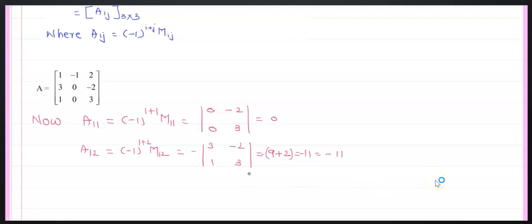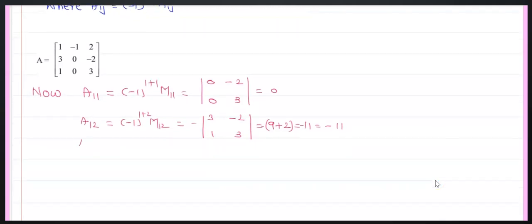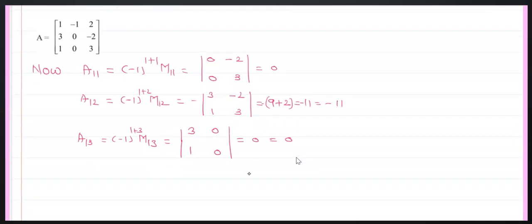Overall it is minus 11. Next is A13. This will get cancelled, this will get cancelled. That is 3, 0, 1, 0. Minus 1 raised to 1 plus 3, M13. Overall it is 0.